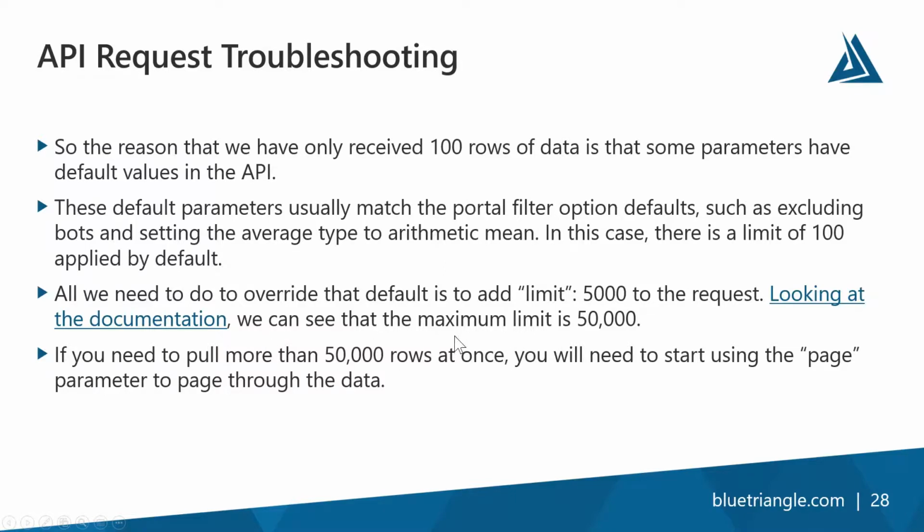If you look at the documentation, you can see that the max limit is 50,000. If you need to pull more than 50,000 rows at once, we have a pagination method where, if you specify the page and the page number, you can iterate through the pages of data that you need if it's a very large request.